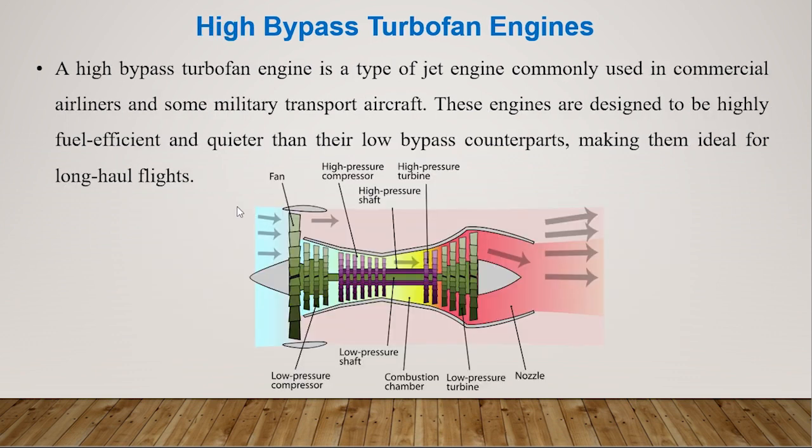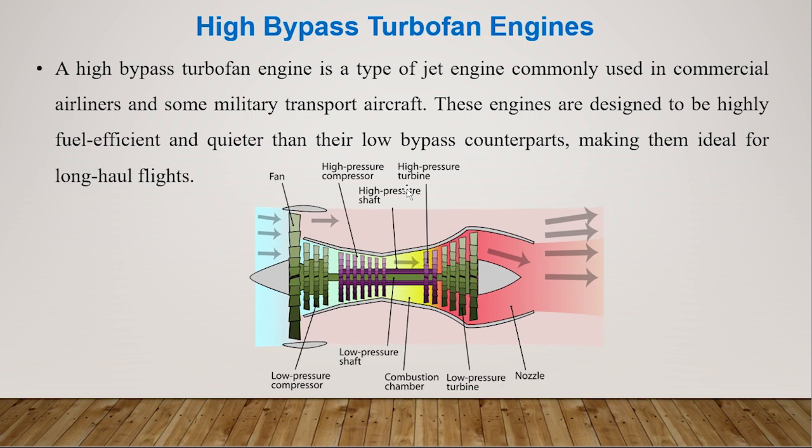Now the high bypass turbofan engine. It is similar to that, but the only difference is that it produces maximum thrust, even at low speed, because the bypass ratio is higher. The bypass path will be larger compared to the core.